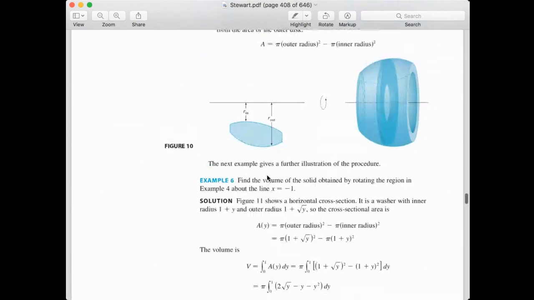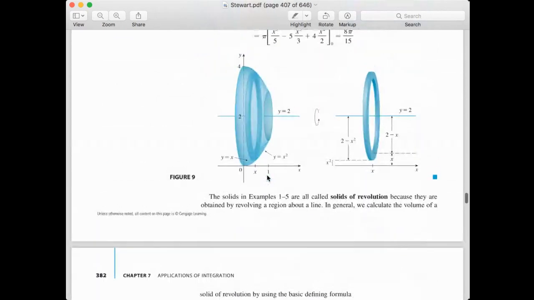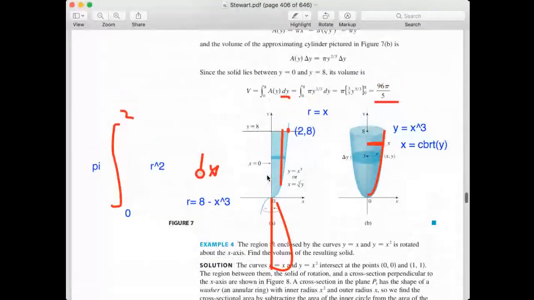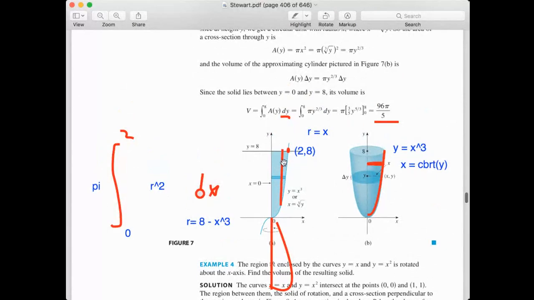All right, let's go back, to finish this section. Last time we talked about rotating. We have a piece of region, and we can rotate that piece of region over the x-axis, right?